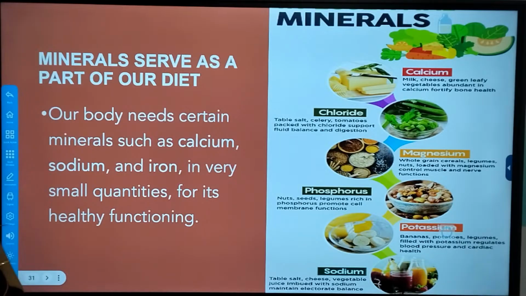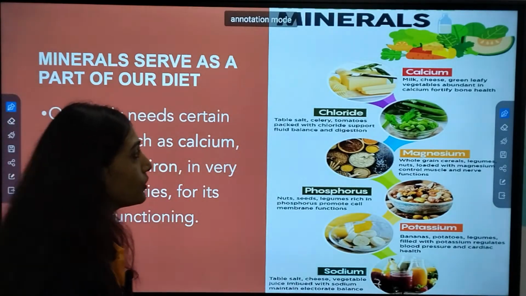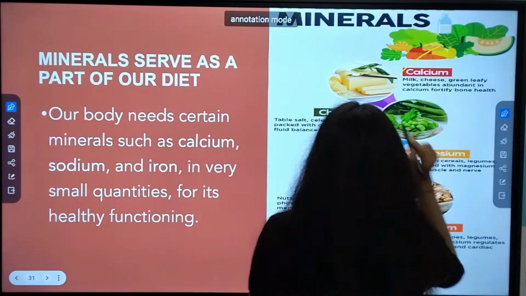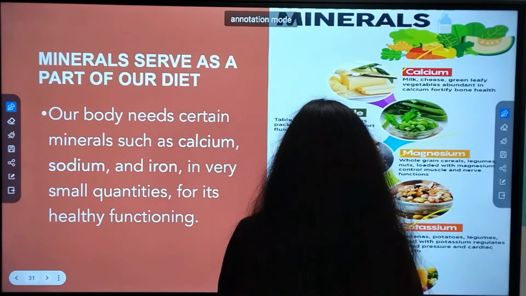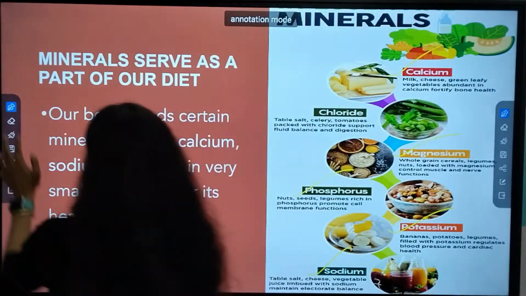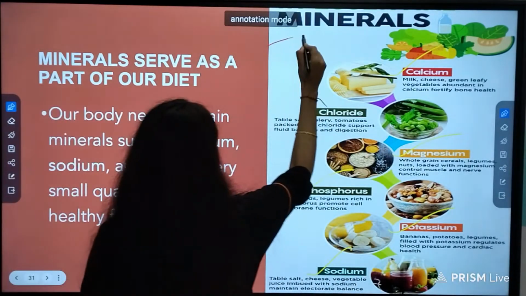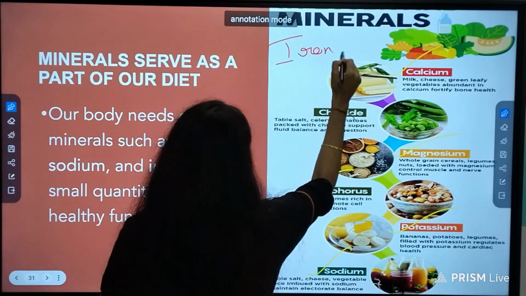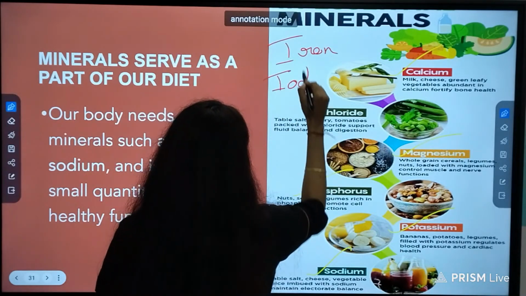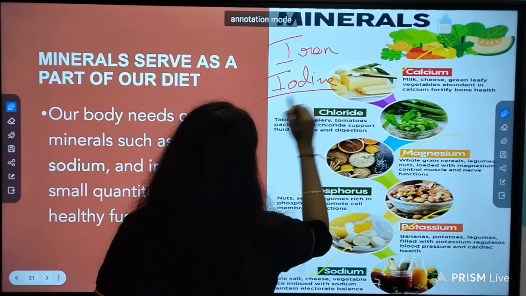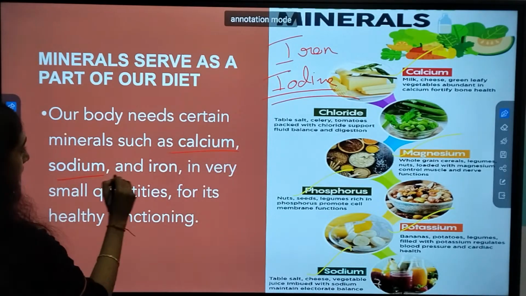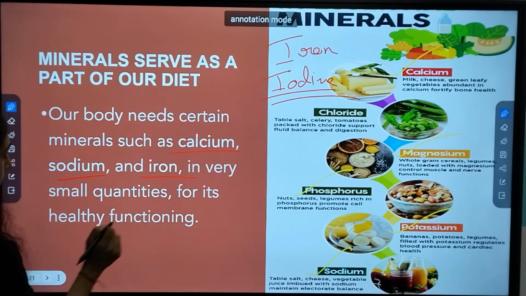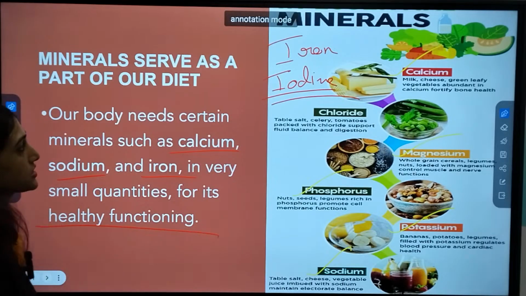Now, as a part of diet, you already know: calcium, magnesium, potassium, sodium, phosphorus. Apart from that, iron, iodine. These are very important. Our body needs certain minerals such as calcium, sodium, iron in very small quantities for healthy functioning.